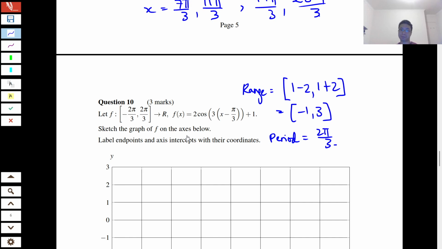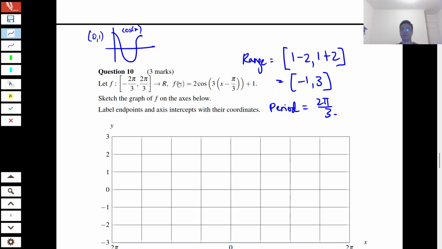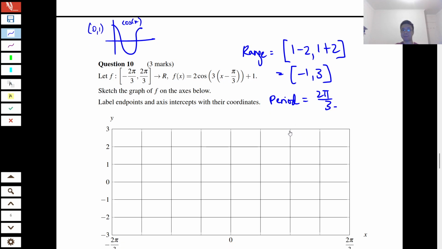So now we need to look at the fact that there's been a translation, pi on 3 units to the right. And we know that cosine starts at 0, 1. So this graph will have its first peak at pi on 3, 3, which is the maximum.